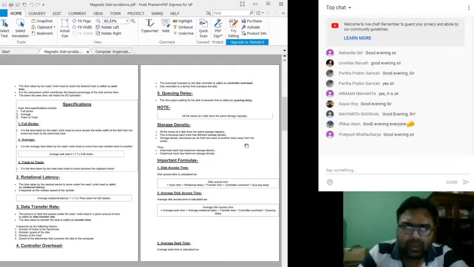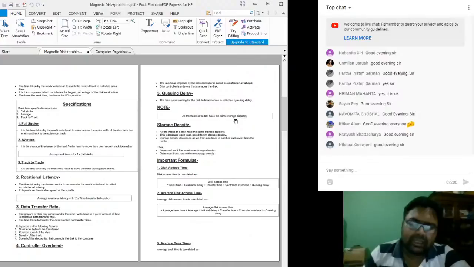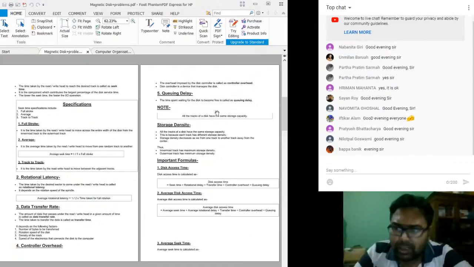Whenever we go for an IO request, sometimes other processes are reading from the magnetic disk, so your process might have to wait until that operation completes. This is your queuing delay.